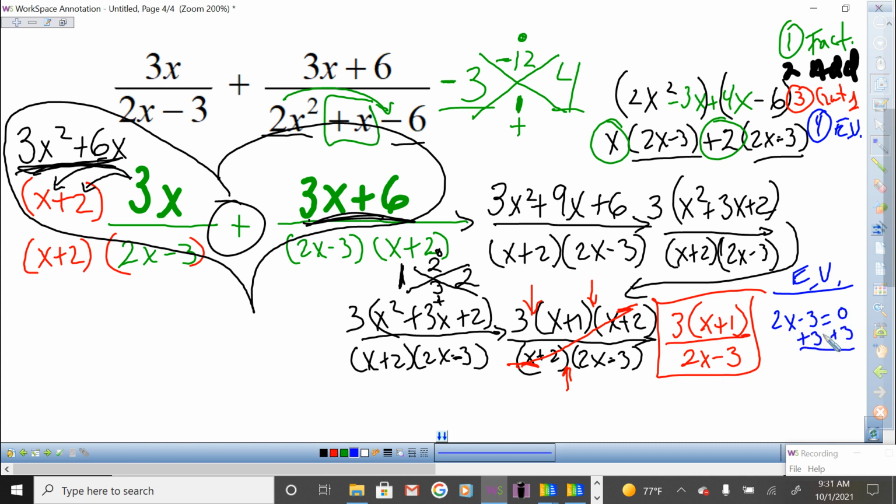Remember, always take the denominator and do that. 2x equals 3. Divide by 2, divide by 2. X equals 1.5. This one's pretty good, right? Pretty good, yeah? All right.